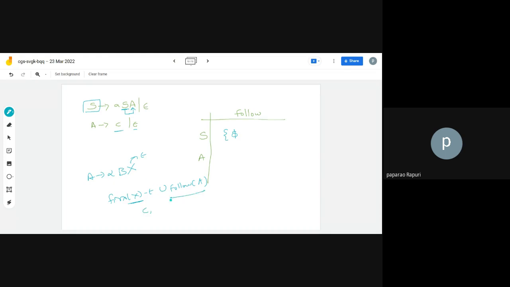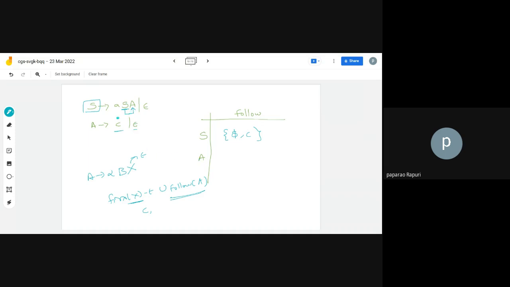After that, follow of A. Follow of A here means follow of S, and S already has dollar. So add dollar comma c, sir. So S is completed here.